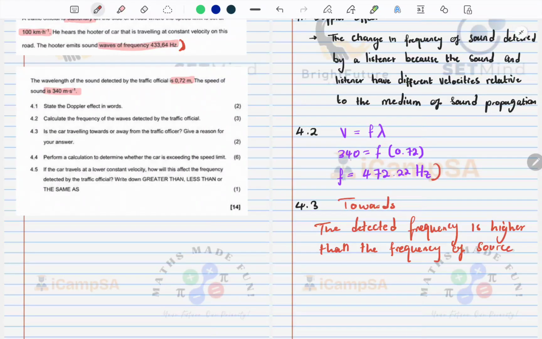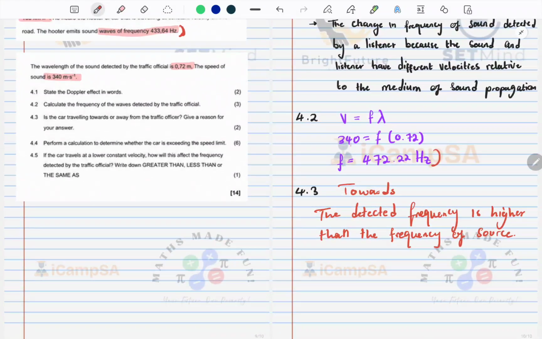Let's just say that. Okay, this is your reason. In simple terms, you can also use these two frequencies, this one here and this one that we just got. Okay, now let's see. They're asking us here to perform a calculation to determine whether the car is exceeding the speed limit.